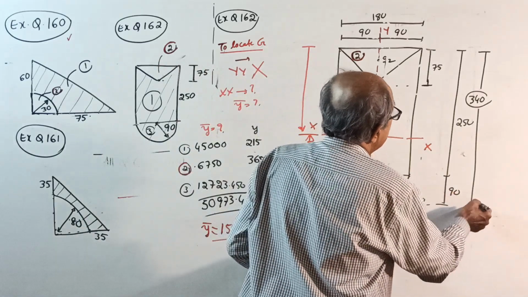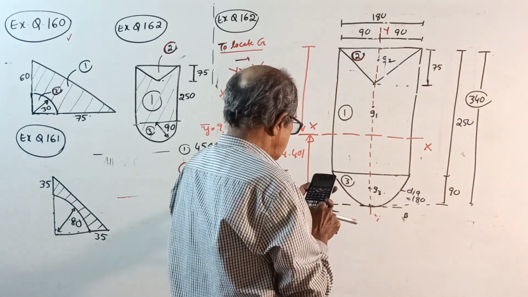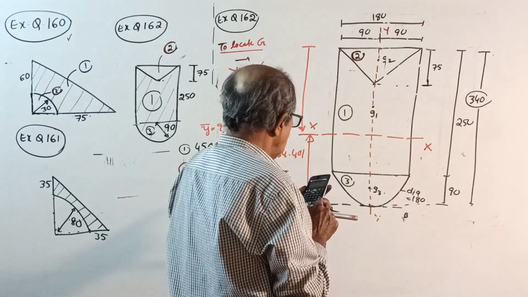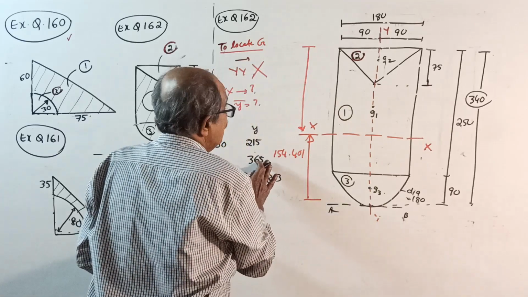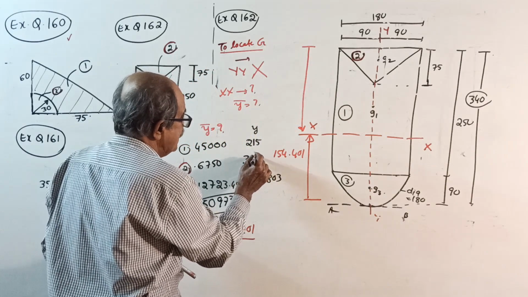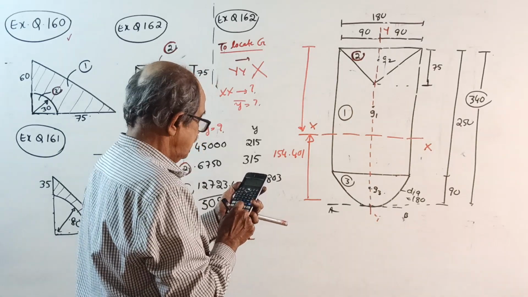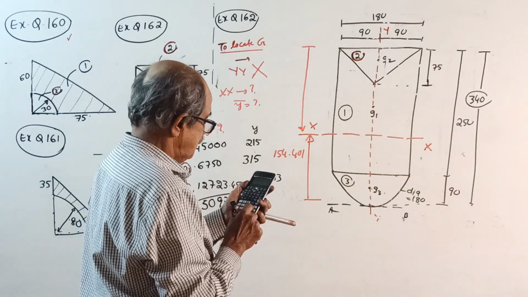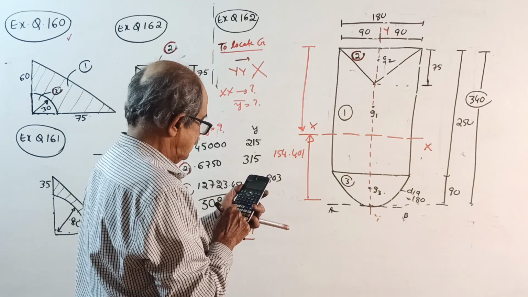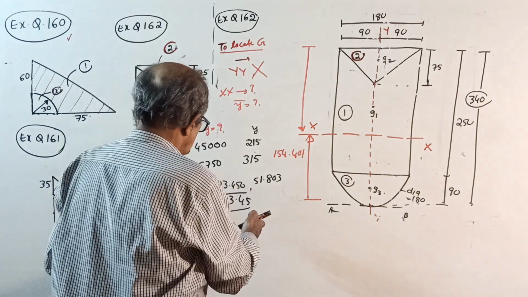It is 340 minus 1/3 of 75. See, 340 minus 1 by 3 of 75. It is 315. See, one small mistake here. See what happens, it spoils everything. Good lesson for you. That is 315. See, one small mistake.